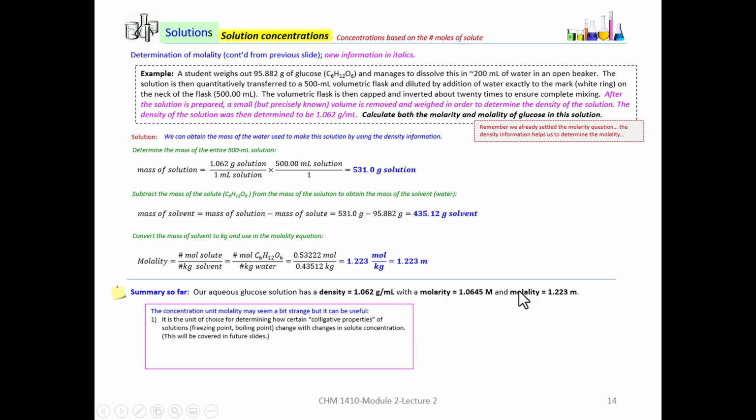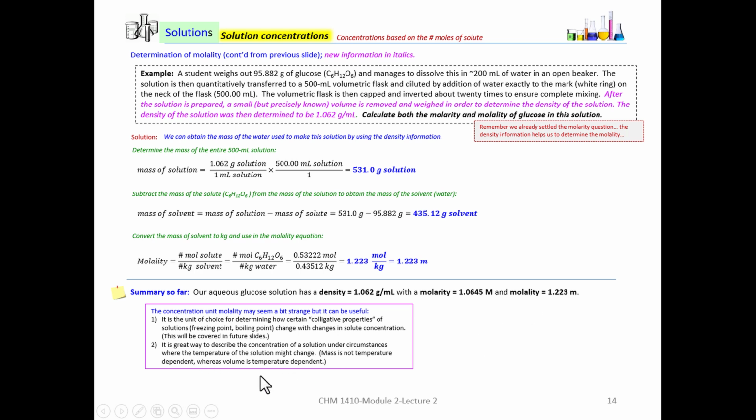Turns out molality is the unit of choice for determining how certain colligative properties of solutions, such as freezing point and boiling point, change with changes in solute concentration. This will be covered in future slides.